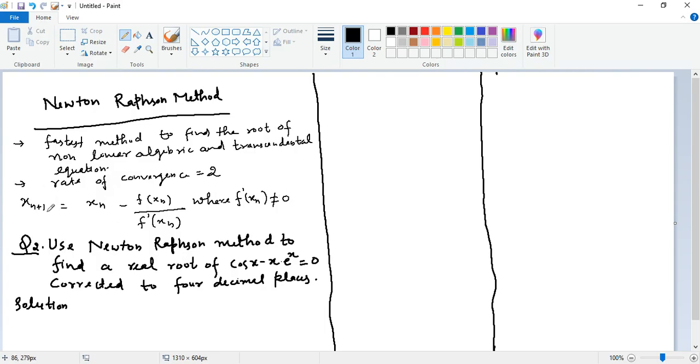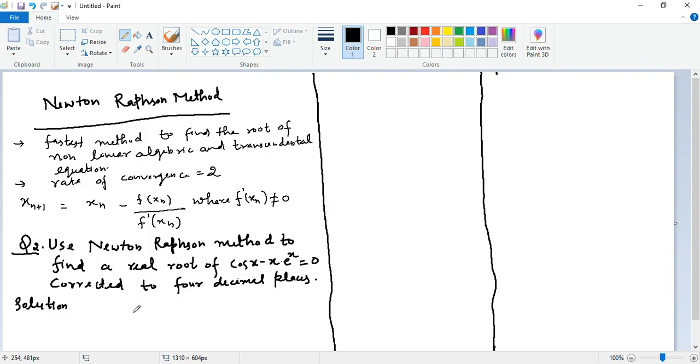Here xn plus 1 is the next root, xn is the current root, f of xn means function of xn, and f dash xn means derivative function of xn. Okay, so now we are going to discuss this question.